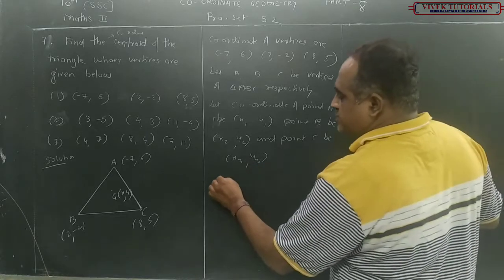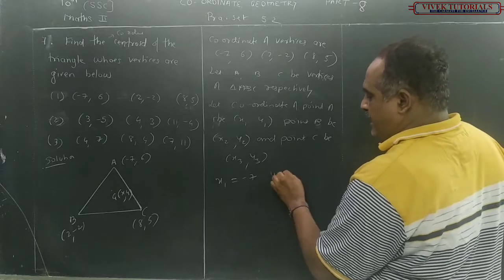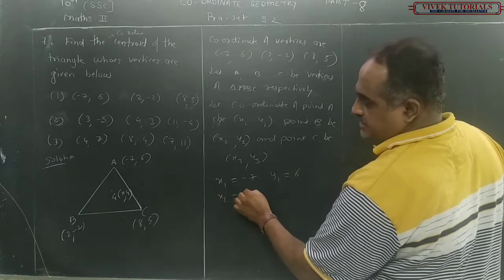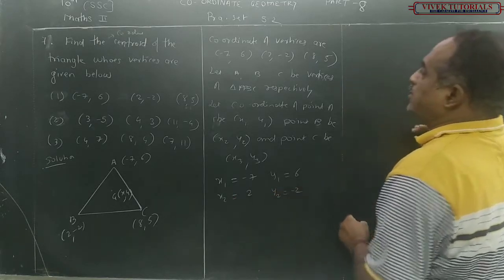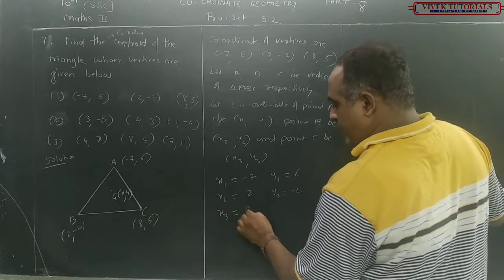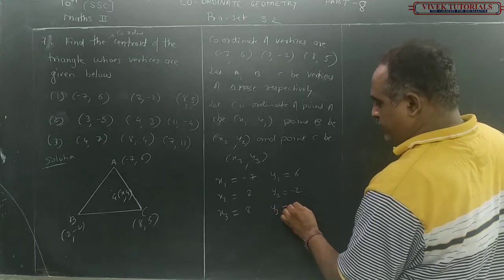So x1 is equal to -7, y1 is equal to 6, x2 is equal to 2, y2 is equal to -2, x3 is equal to 8 and y3 is equal to 5.